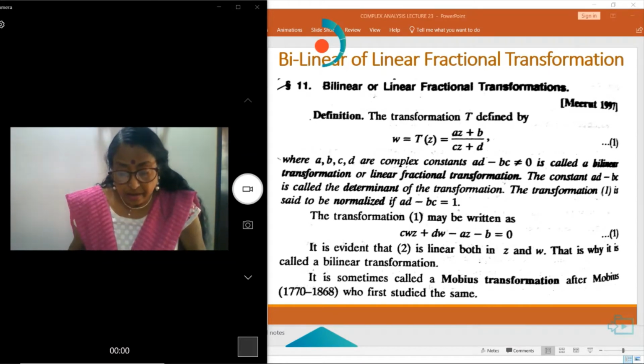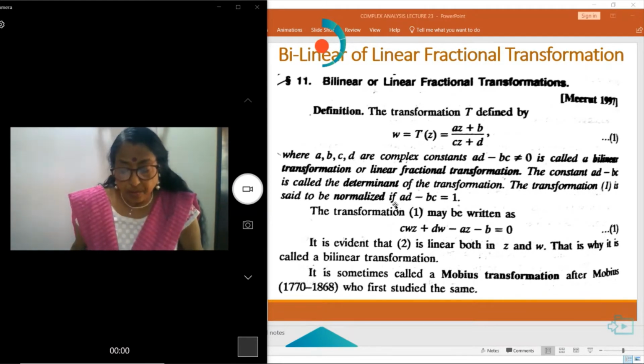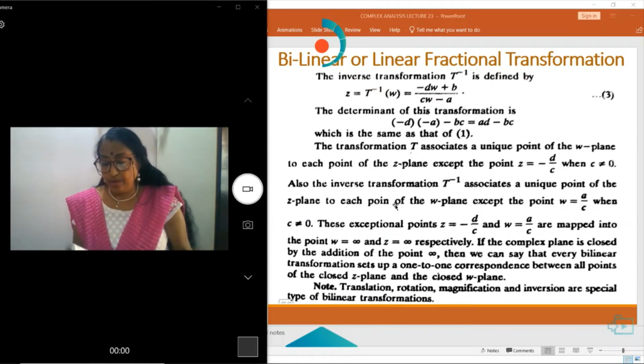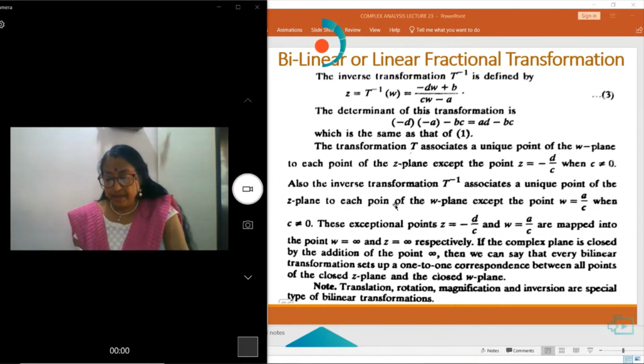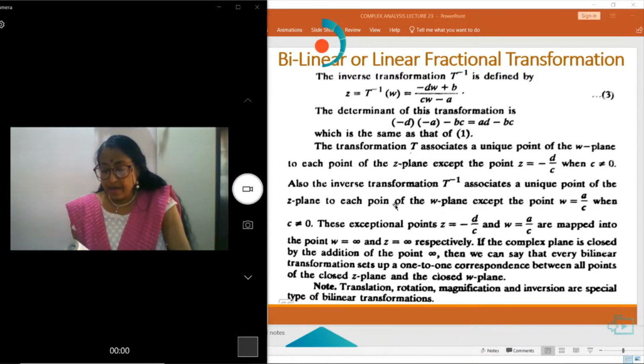Now, Z is equal to tau inverse W is equal to minus DW plus B divided by CW minus A. The determinant of the transformation is minus D into minus A minus BC, which is equal to AD minus BC, the same as that of equation 1.